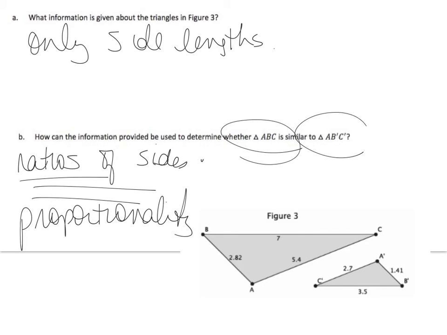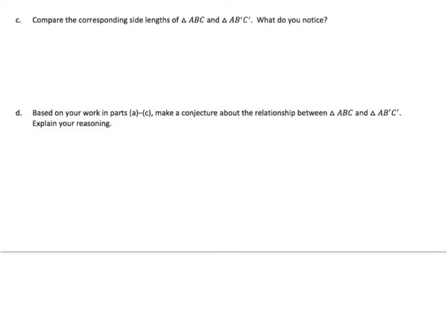In this example, it does give us the order ABC and A prime, B prime, C prime. So we are going to check them in those corresponding sides, but we won't always know that. Sometimes we're going to have to check the long side with the long side, the short side with the short side, and then the one in the middle. But let's go ahead and compare the corresponding side lengths.